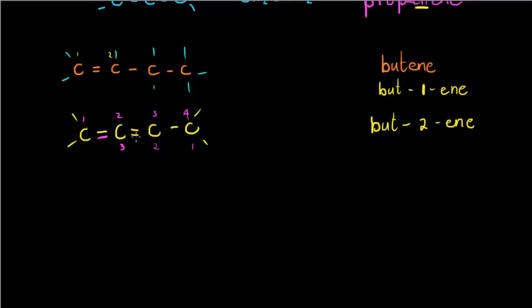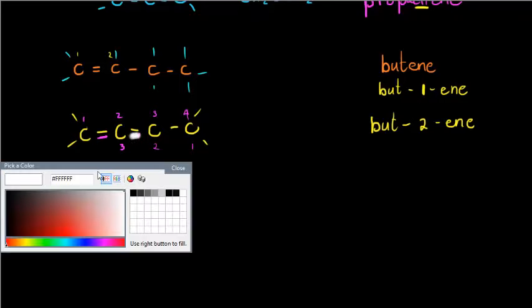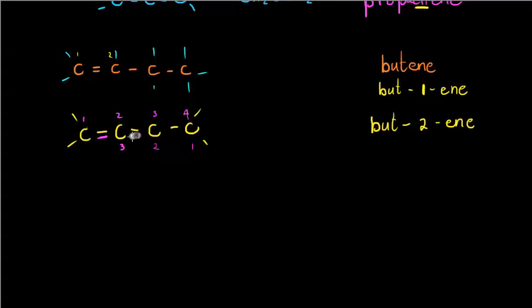And if it was here instead of there, in other words, let's wipe this out, if this one wasn't there, that one wasn't there, this is actually just but-1-ene, because again, it is making a double bond with the first one. So we will number from the closest side where we have the double bond.